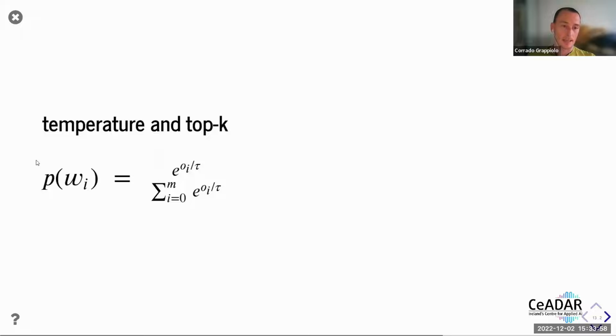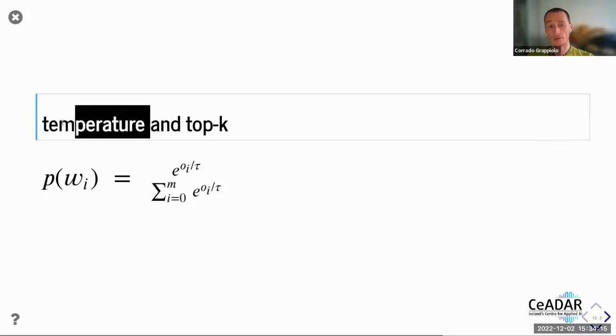In case of neural language models, one thing that is very common, but can be done also for n-grams, is the introduction of 2 parameters with respect to text generation.